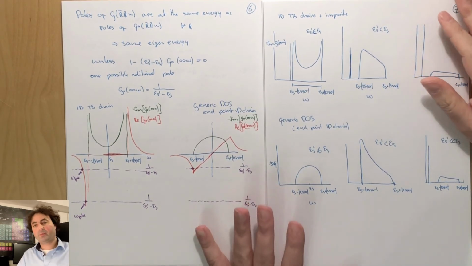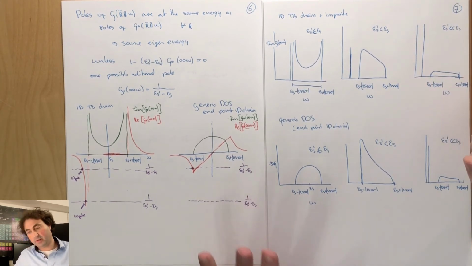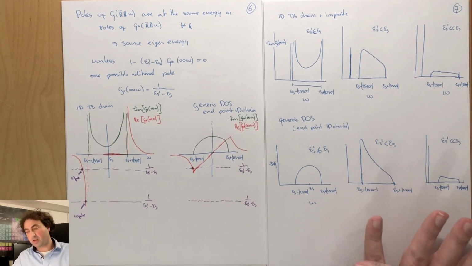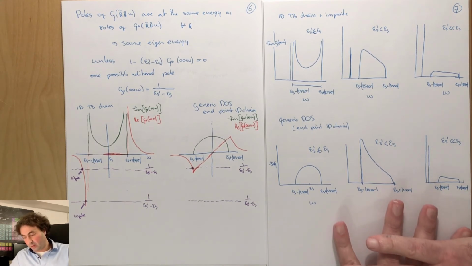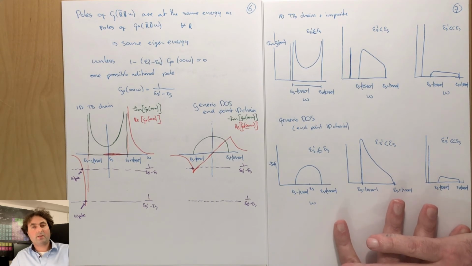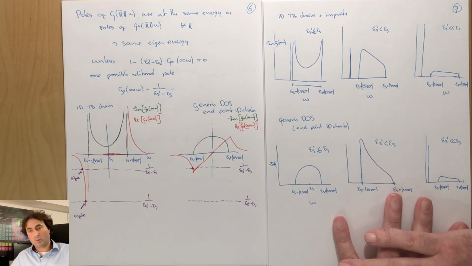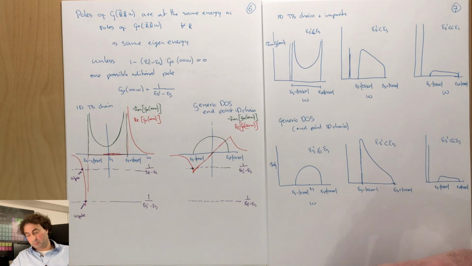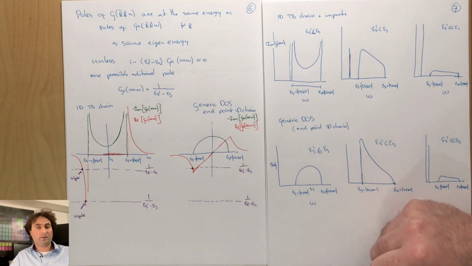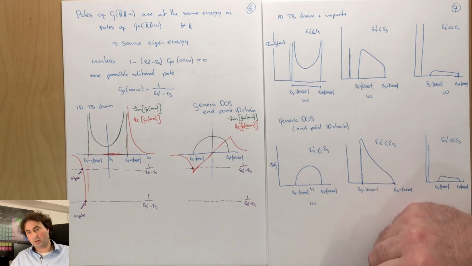Now let's see if we can relate what we have here to the physics of real materials that we encounter. So one of the things that we want to do in semiconductor physics is dope our system. And the idea is that when you have atoms such as silicon, you replace some of them with either 1 electron more in the p shell or 1 electron less in the p shell.